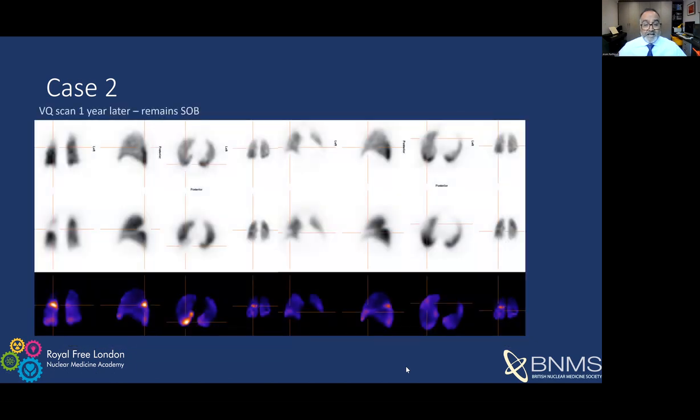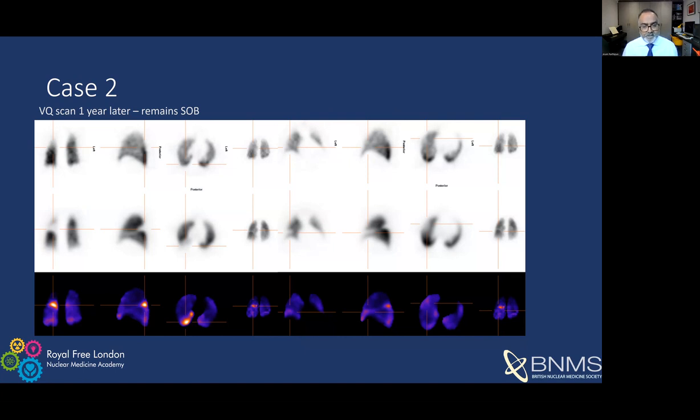And a year later, the patient was still short of breath. We just did a VQ scan, and you can see that there are definitely some residual mismatched perfusion defects. You can see probably in the apical segment of the right lower lobe, and then also in the middle lobe, there are these very clear mismatched perfusion defects.